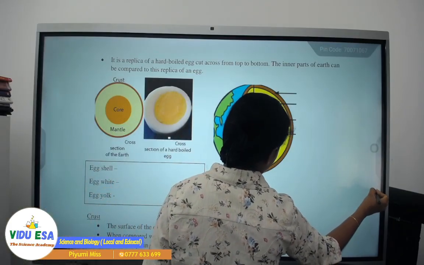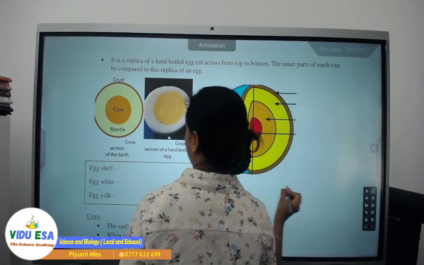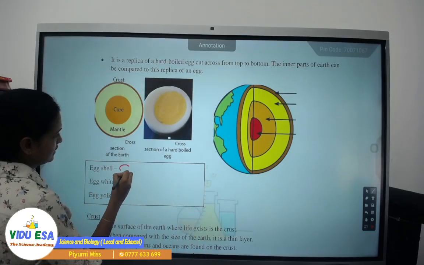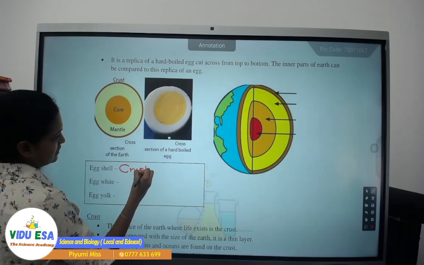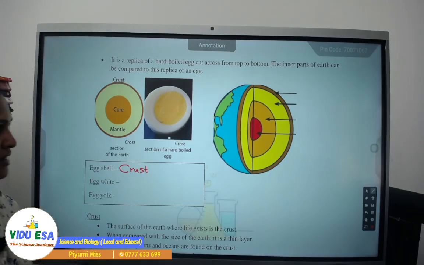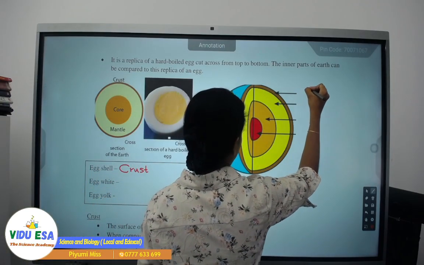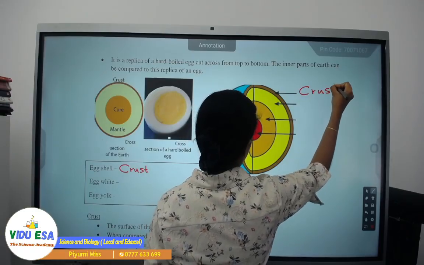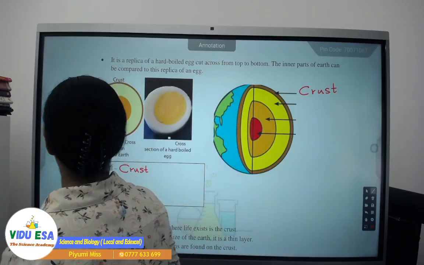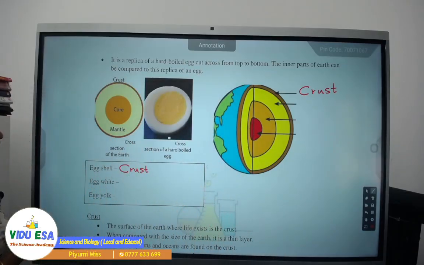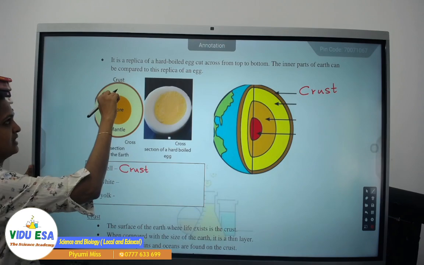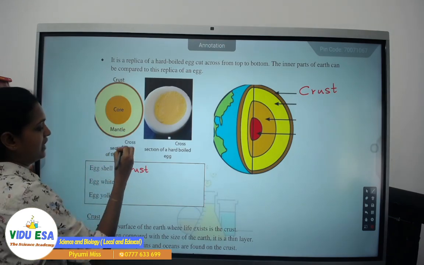It is represented by the eggshell, right? Earth's crust. Crust of the earth, eggshell. So this is the crust, the outermost layer. Then the egg white indicates the mantle.